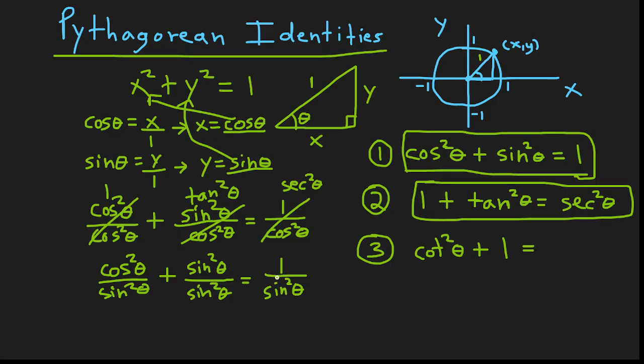And then that equals 1 over sine squared theta, and that's going to be cosecant squared theta. So that, my friends, is the 3 trigonometric Pythagorean identities.